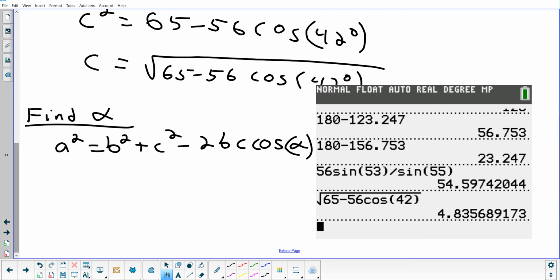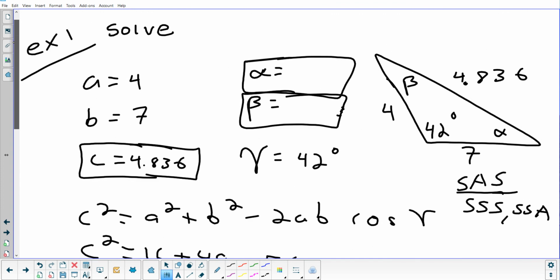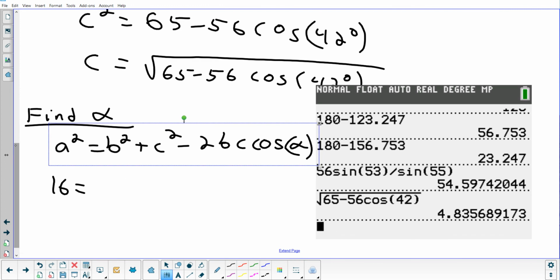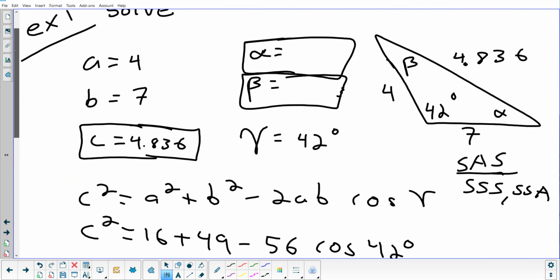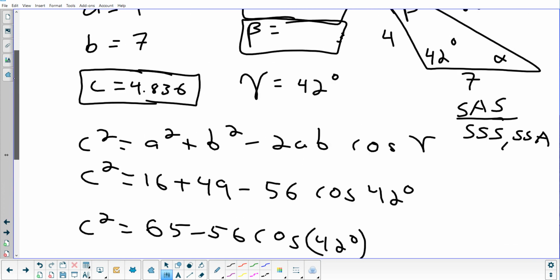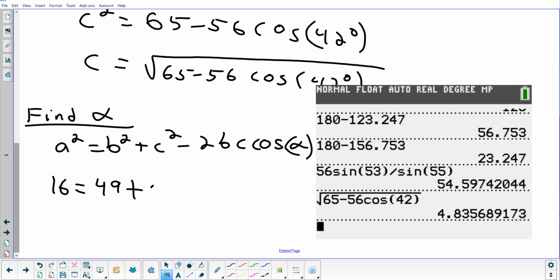So a squared, okay, how much is that? 16. B squared is how much? 49. Now C squared is 4.836 squared. 23.384. Thank you, 23.384.